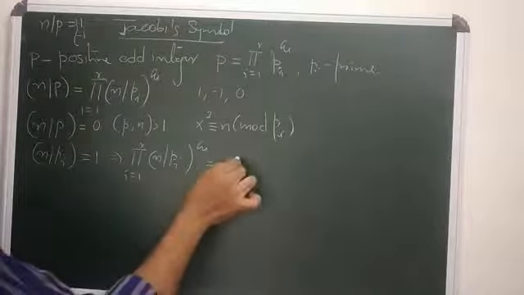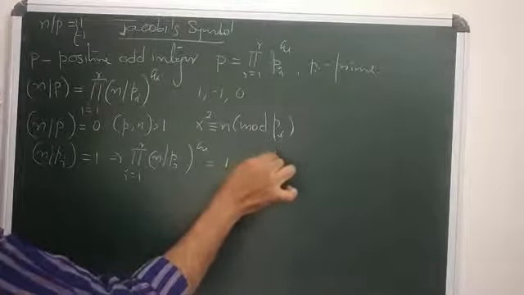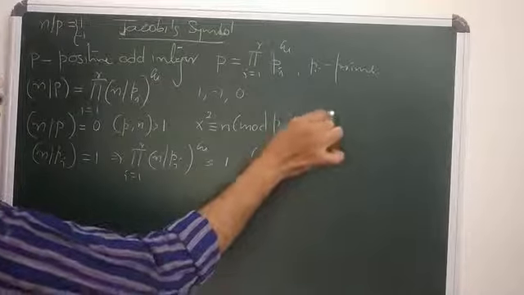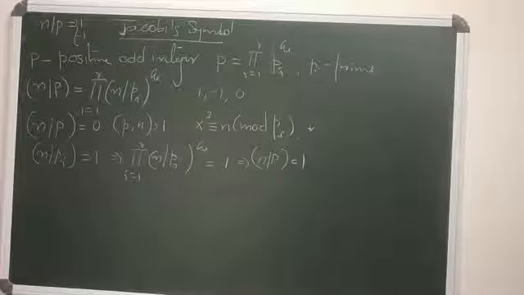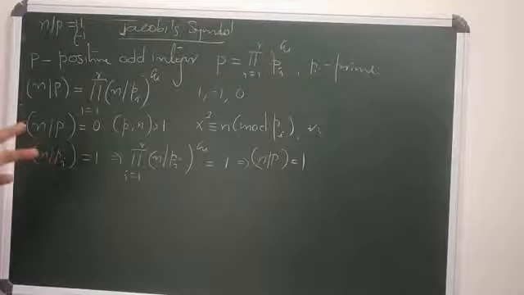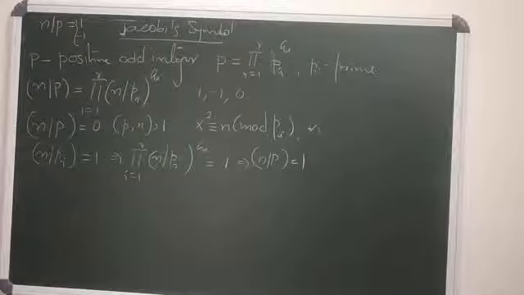Hence (n/p) is also 1. So when x squared congruent to n mod p_i has a solution for all i, meaning n is a quadratic residue mod p_i, then (n/p) equals 1, where p has the prime factorization product of p_i to the power a_i.